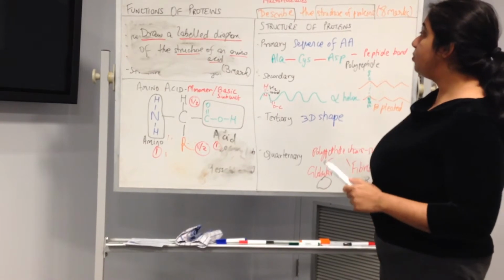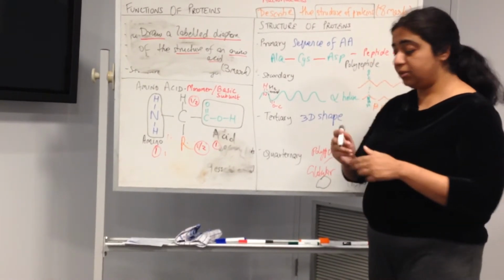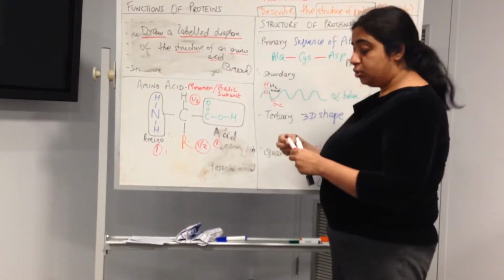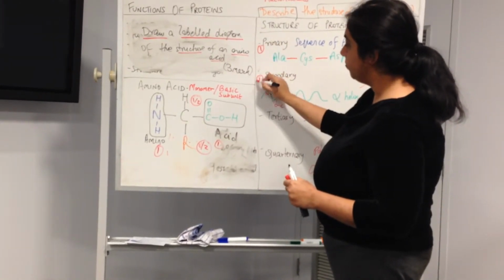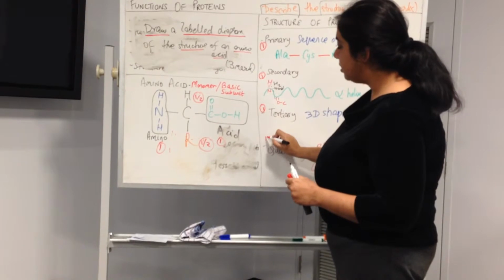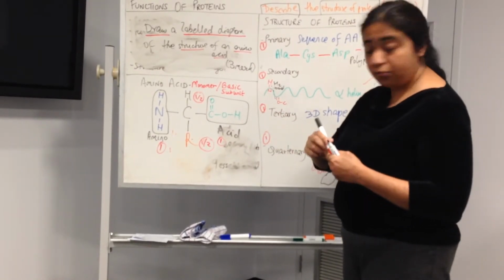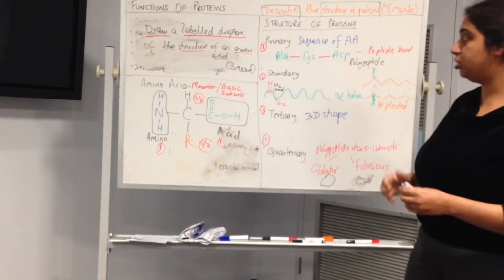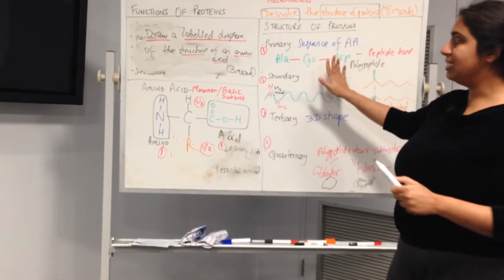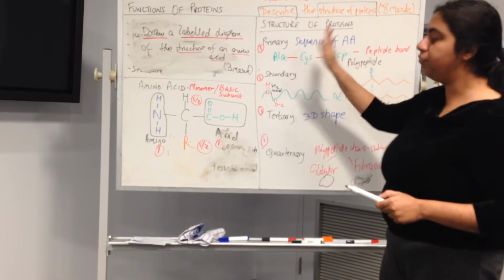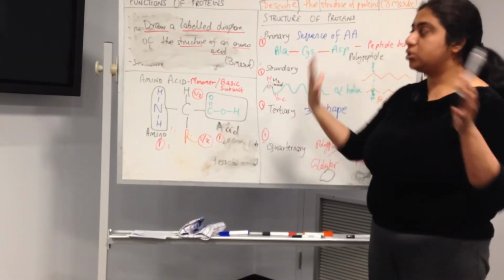Now, a simple way of doing that is, first of all, you write down the fact that you have your primary structure, secondary structure, tertiary structure, and quaternary structure. Just mentioning that alone can get you 4 marks, so 1 mark for each different type of protein structure. And then mention 1 or 2 sentences about the definition or description of each type.